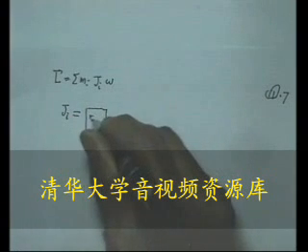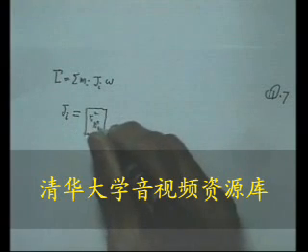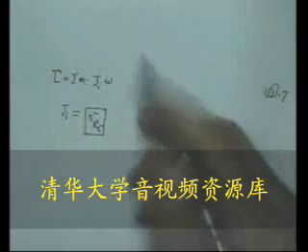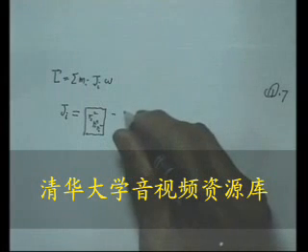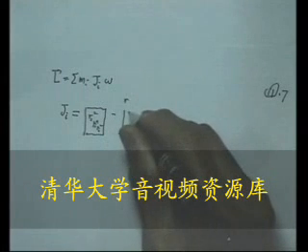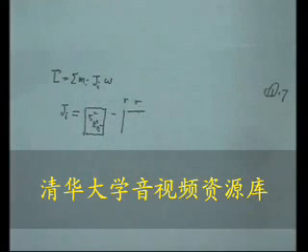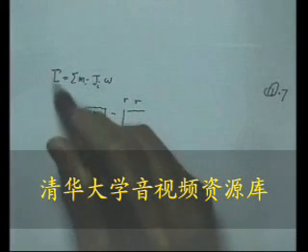It's R_i squared, R_i squared, R_i squared. That's the first part, minus R, which is also a matrix. Does everybody agree with this?